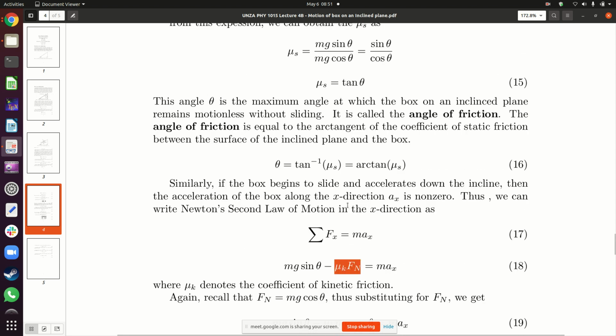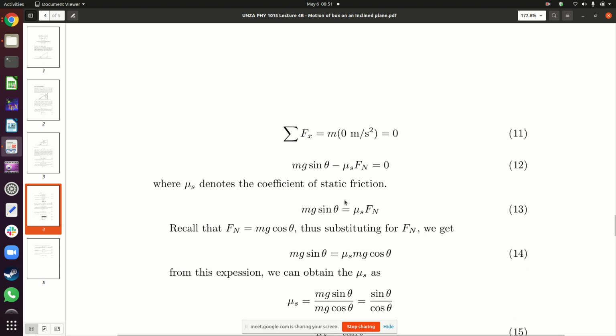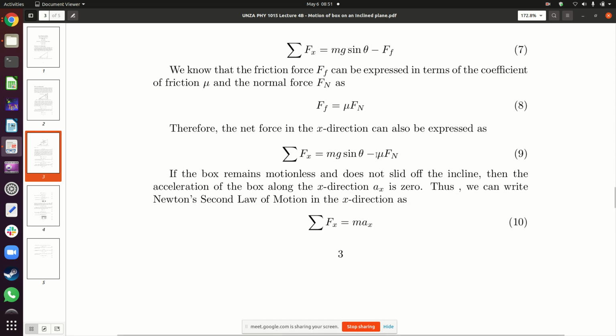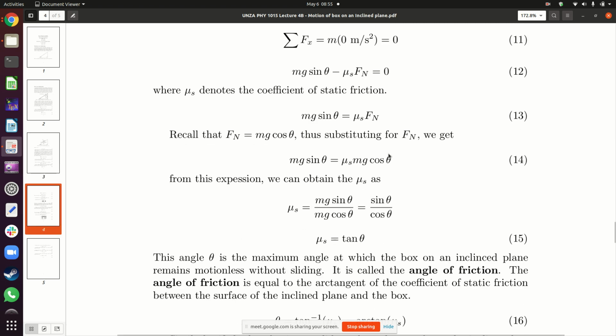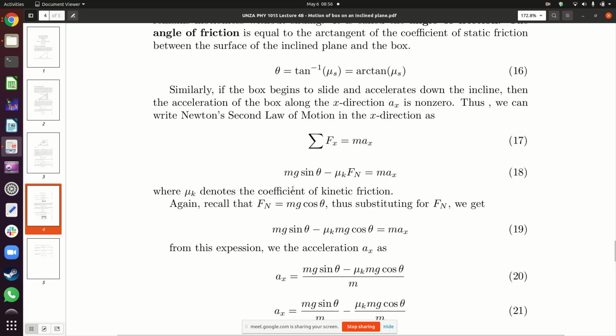Because the object is moving, the coefficient of friction in this case is going to be kinetic, and the type of friction present is kinetic friction. So we end up having the resultant force as mg sin theta minus mu k multiplied by Fn equals the mass multiplied by the acceleration.